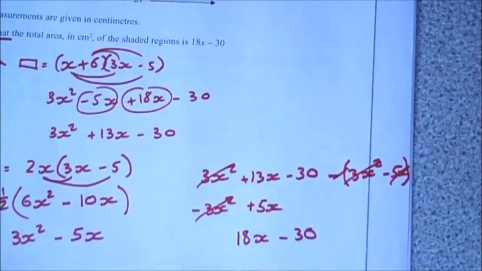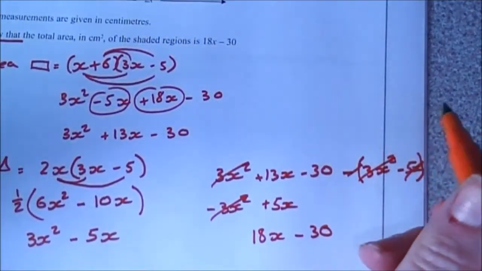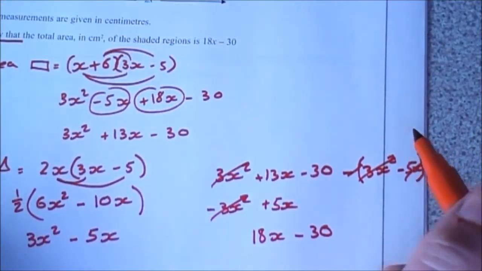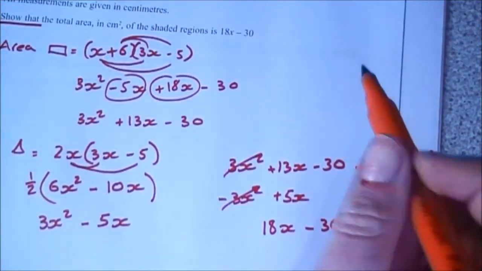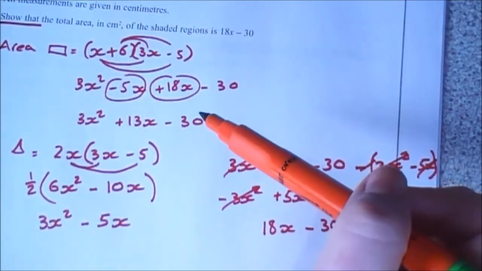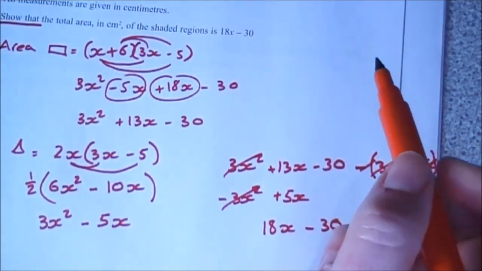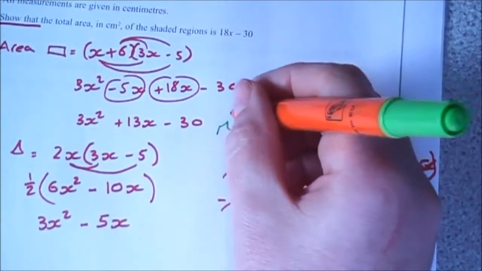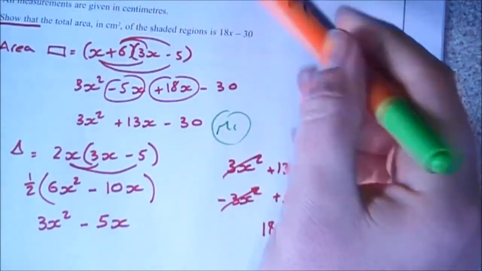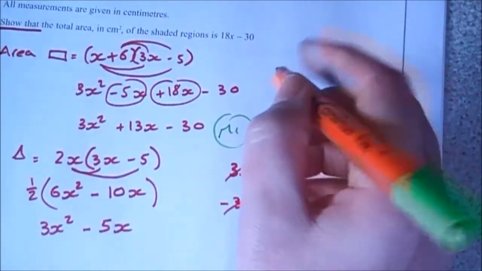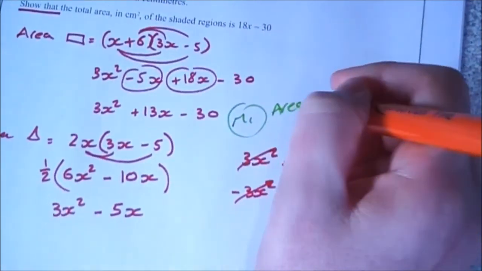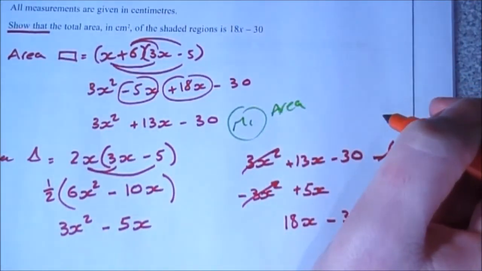With regards to the mark scheme for this, there's a lot of different ways of getting it again. But if you followed my method, then you get 1 mark for using the lengths that you're given to find an area. So you get 1 mark for finding the area of one of the shapes.